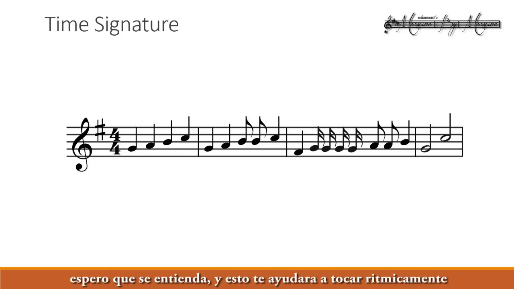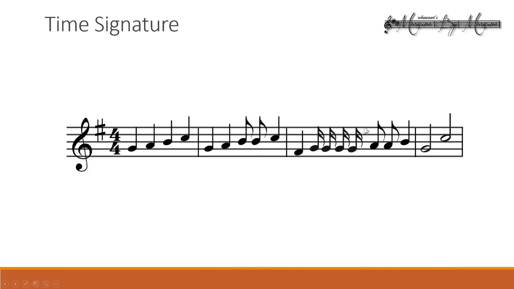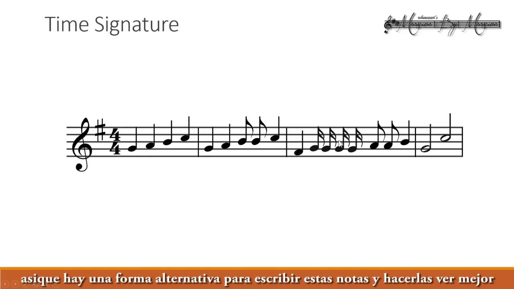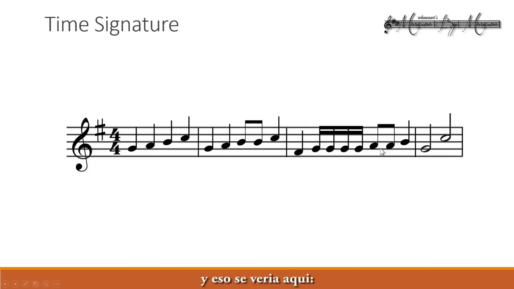And this will make it much easier for you to play rhythmically. Now, I don't know if you notice, but seeing these 2 notes looks kind of messy. Watching these 16th notes makes everything a little bit more confusing. So there is an alternate way of writing these notes that makes it easier on the eyes, and that would be right here.